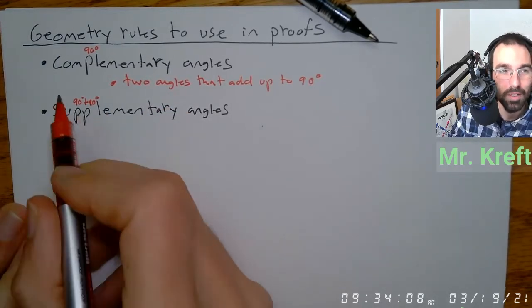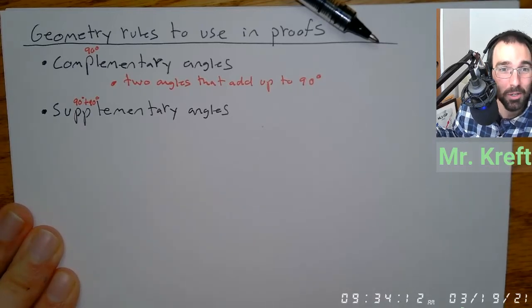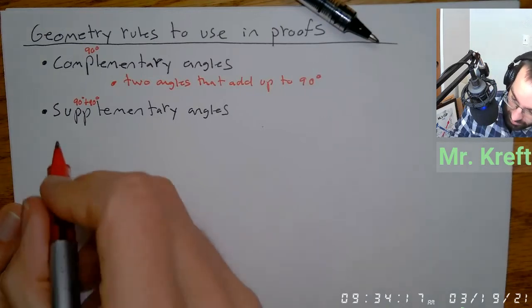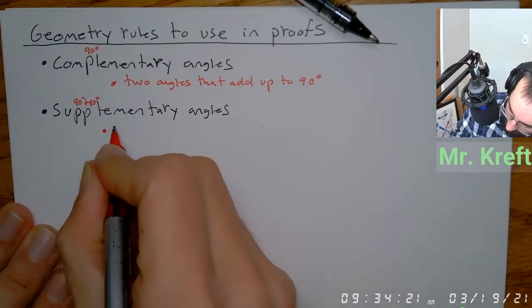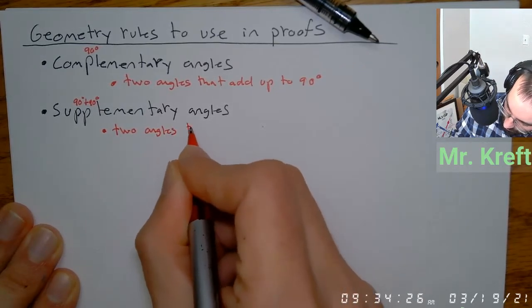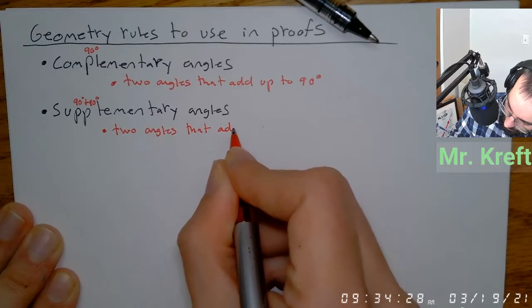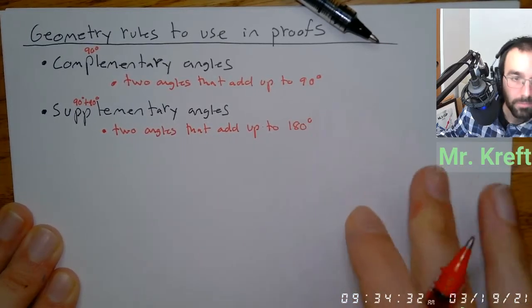So supplementary will always be bigger than complementary because it has more P's in it. So that's the easy way to remember, hey, which one is 180 and which one's 90. Okay, so supplementary has two P's in it. It's 180. So again, it's two angles that add up to 180 degrees.